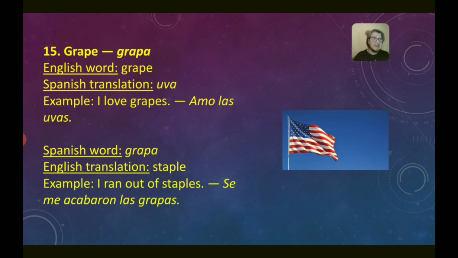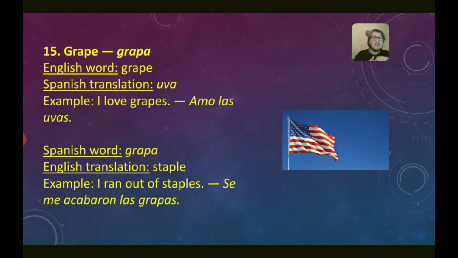Grape with grappa. Grappa or engrapadora. Not the alcohol drink. No, that's different. Grappa is engrapadora or corchetera. In Chile, the word that we use a lot is corchetera. And the grappas are corchetes. So staple, and stapler.